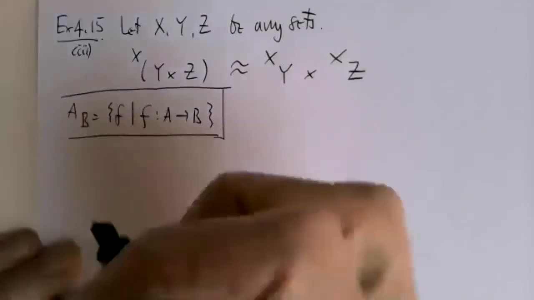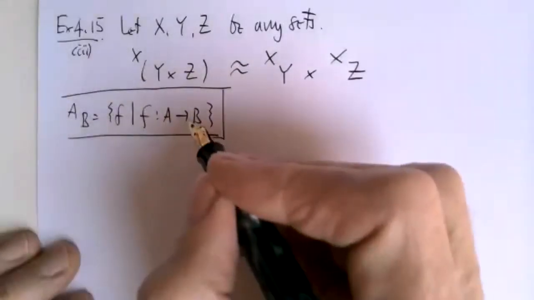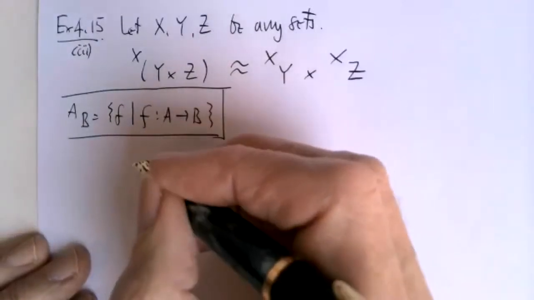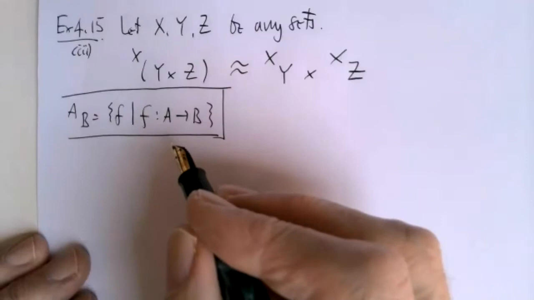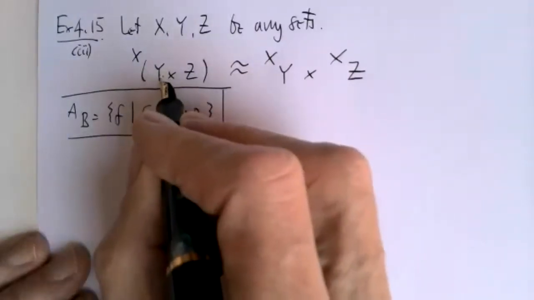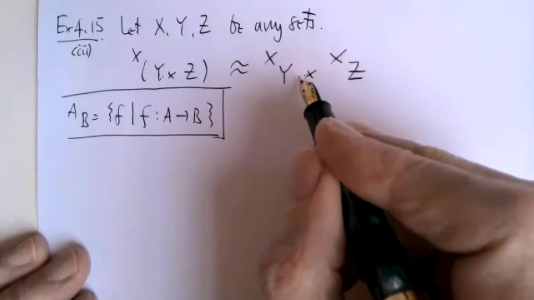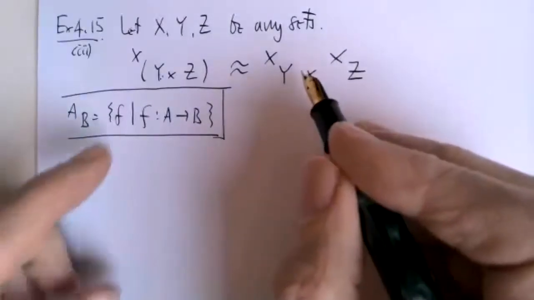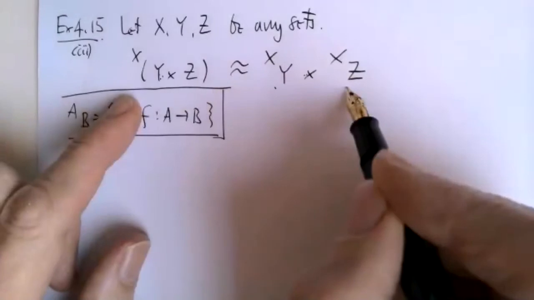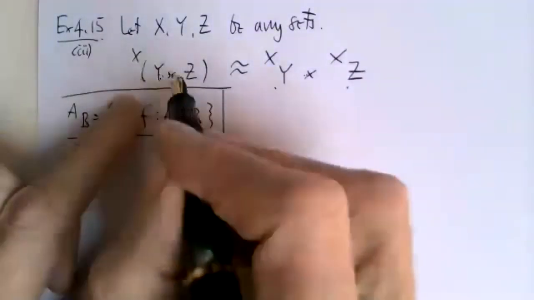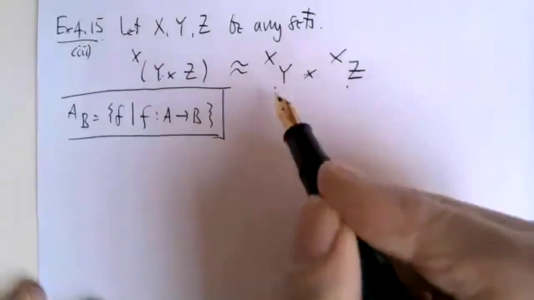Okay, so we steam ahead and try and find something. I'll pick a function in here. How can I associate a pair of functions over here with it? Well, this is supposed to be two functions, one into Y, one into Z. So we just take the function here and just split it.